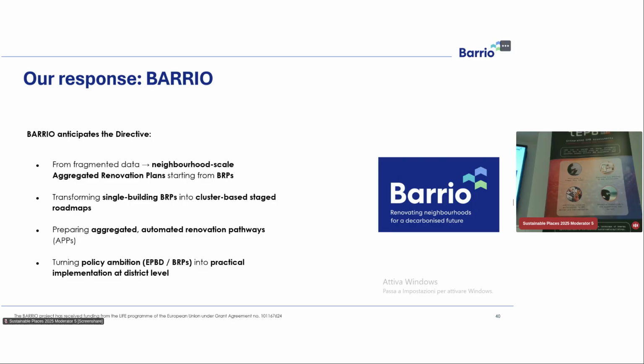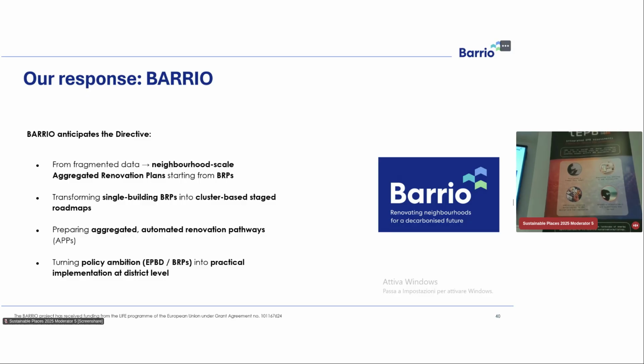We shift the focus from fragmented data into neighborhood scale renovation plans, what we call APPs, and we aim to transform single building BRPs into cluster-based staged renovation roadmaps. We are going to prepare automated prefabricated plans, and in this way we are turning policy ambition into practical implementation at district level.